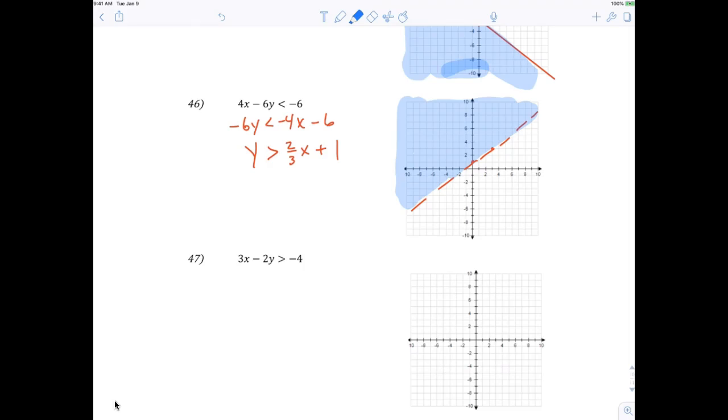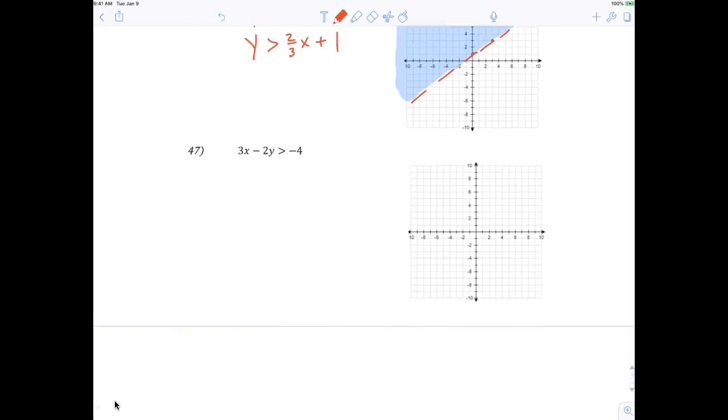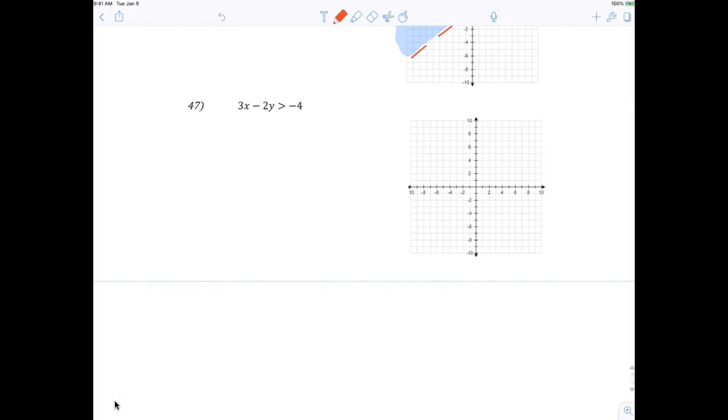Okay. Now, move the 3x. Negative 2y is greater than negative 3x minus 4. Dividing by negative 2, y is what? Less than. Negative.